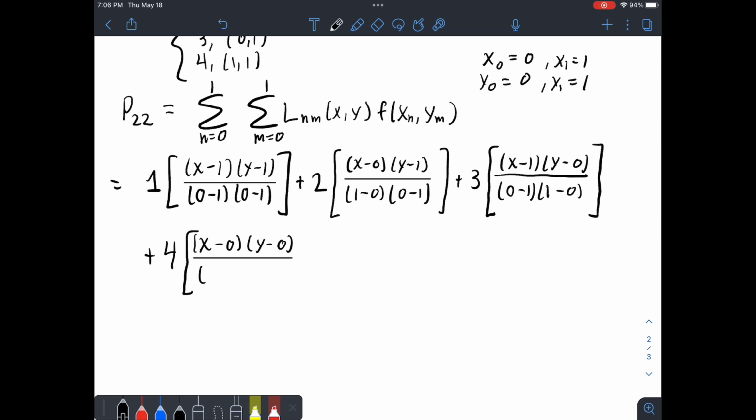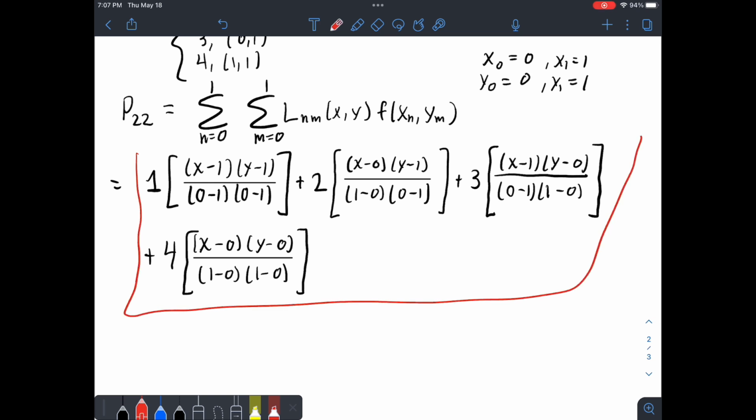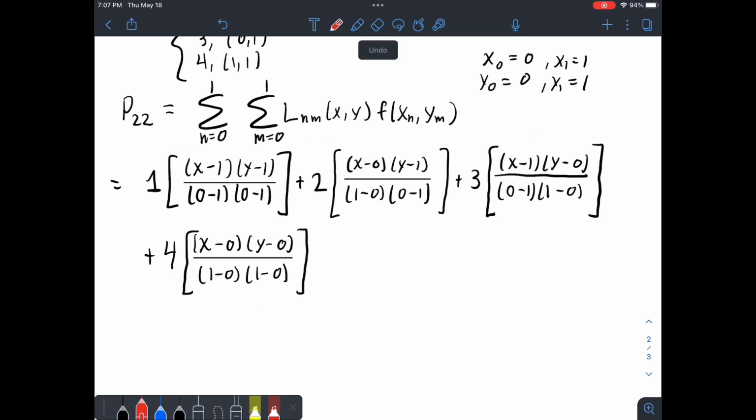So we need to have 1 minus 0 and 1 minus 0. And then again, we ask ourselves, are we equal to 1 at the point 1, 1? At the numerator, we have 1 times 1, and the denominator, we have 1 times 1. Okay, so this is the example, right? This is going to create a quadratic surface for us that's going to interpolate between these 4 points.